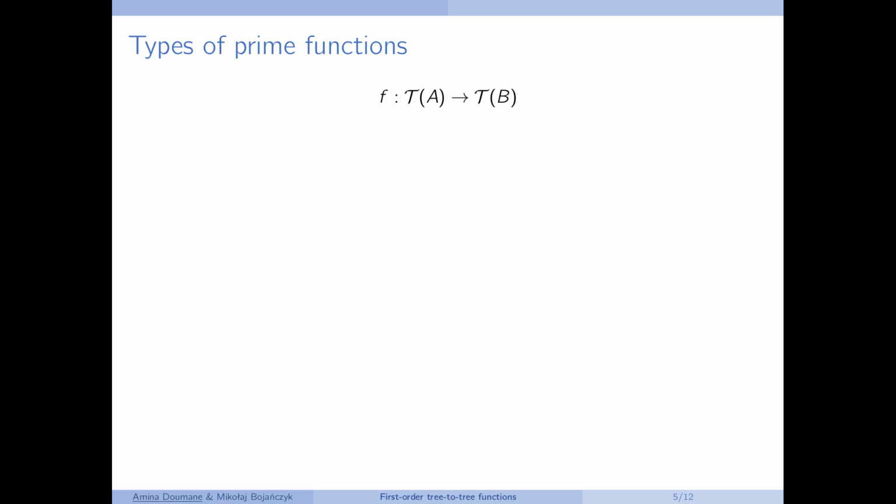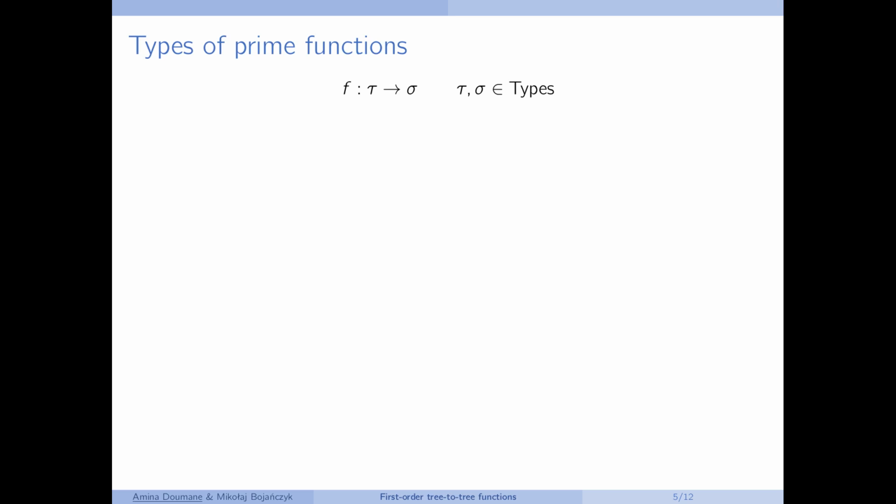For instance, if we want to talk about a pair of trees, we can of course encode them as a single tree and encode the projection function as a tree-to-tree function, but we will avoid all these complications by having the pair data type and the corresponding projection function as a basic function, as a prime function. So types, of course, generalize the data type of trees, but they will also generalize ranked alphabets.